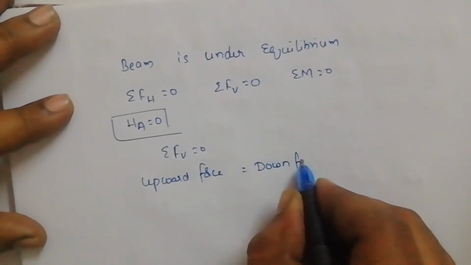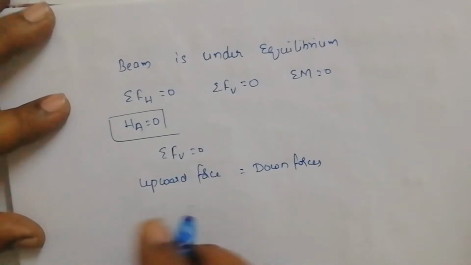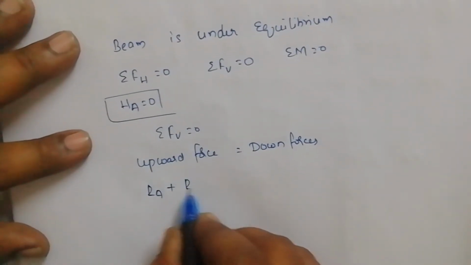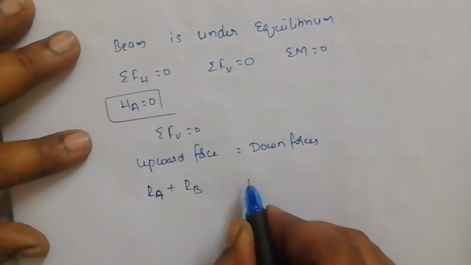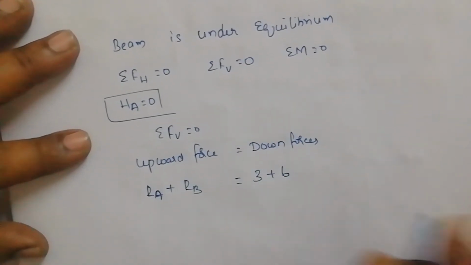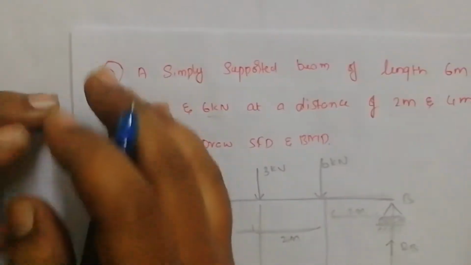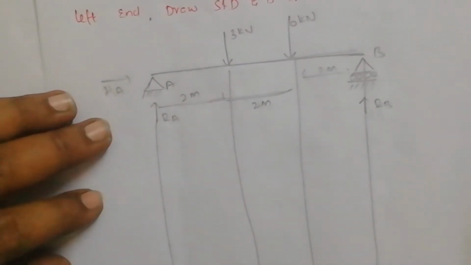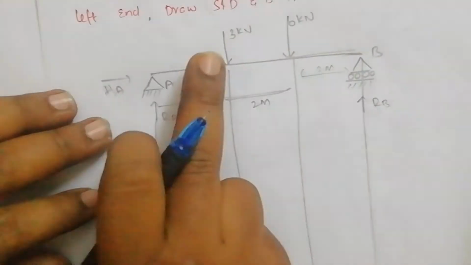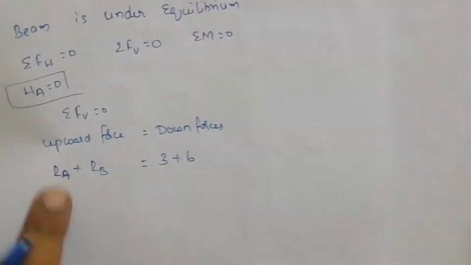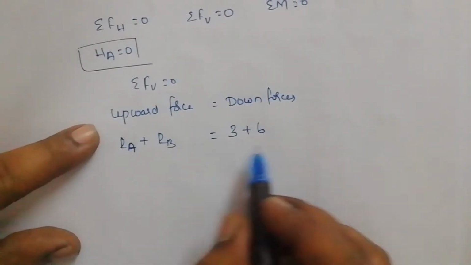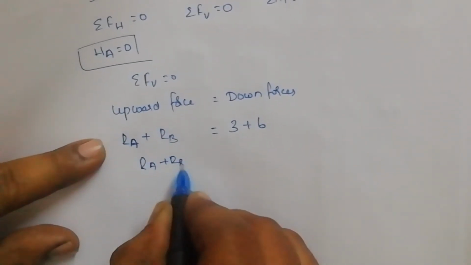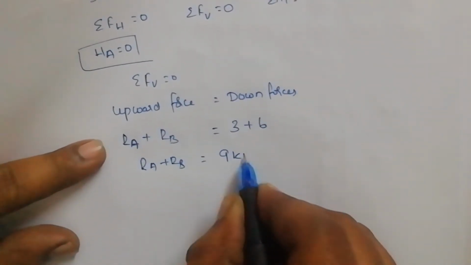Upward forces we have reactions at point A and point B; downward forces we have 3 plus 6. So RA plus RB is equal to 9 kilonewton.